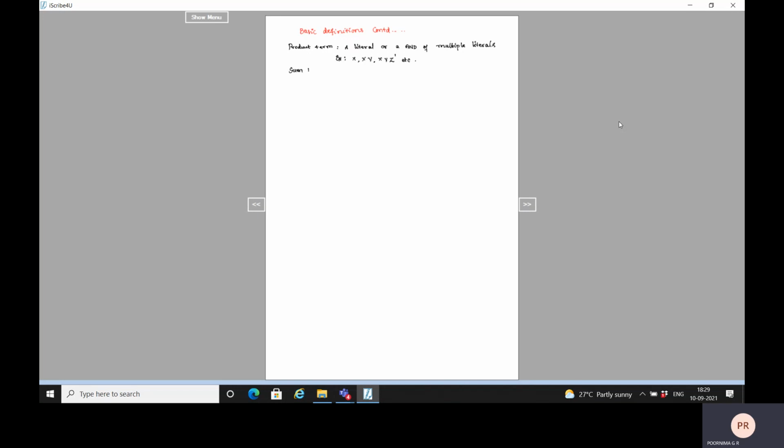The next definition which we will be using in digital fundamentals is the sum term. How do we define a sum term? A literal, or the logical OR of multiple literals, is termed a sum term.